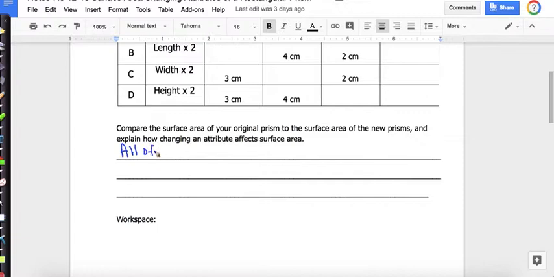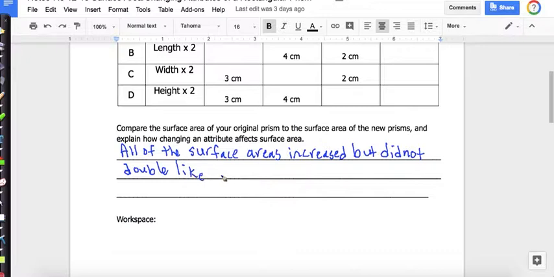All of the surface areas increased but did not double like each of the attributes did.